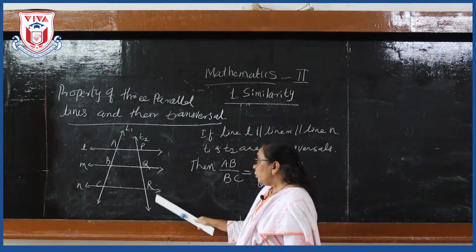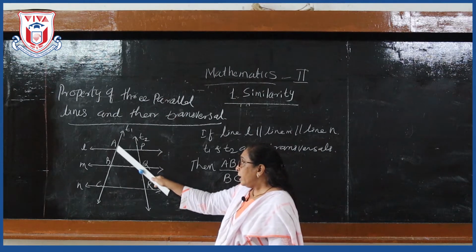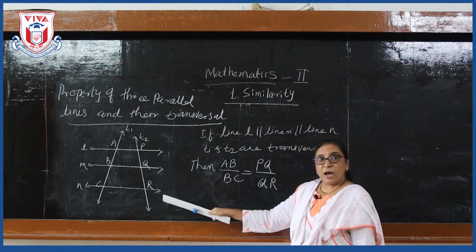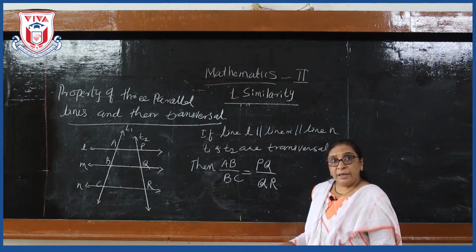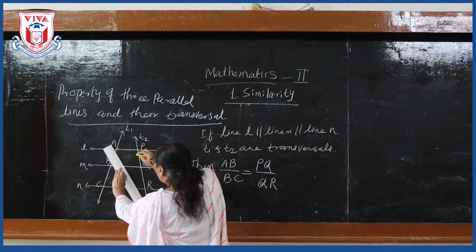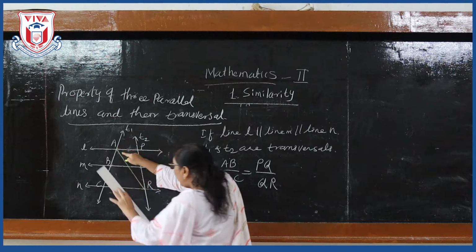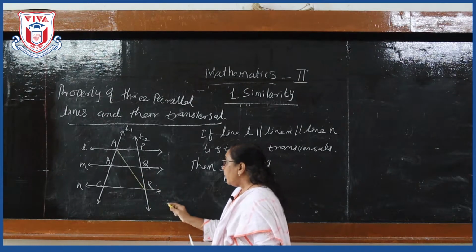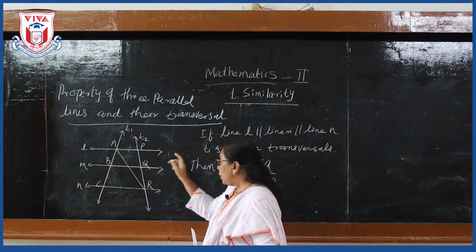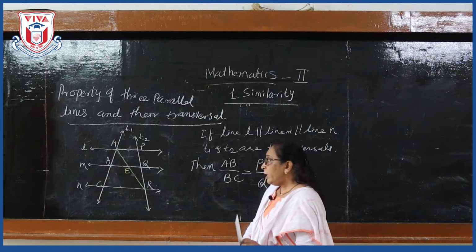T1 and T2, these are the two transversals which intersect those lines at points A, B, C and P, Q, R. Here if we apply the basic proportionality theorem, we can do the construction as: draw segment AR. Suppose it intersects this line BQ at point E.